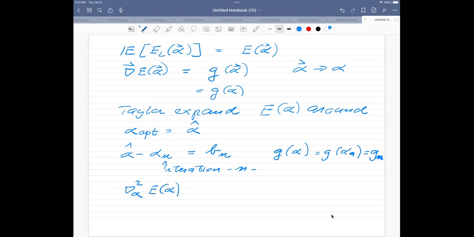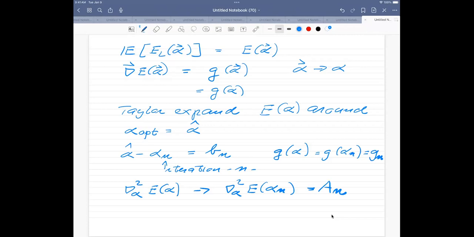And this will now be given by the second derivative with respect to the parameters alpha, calculated at a value alpha of n. Now if I have many parameters, this is a Jacobian matrix. But I'm going to label this as an A of n. Okay? So these are just namings which I'm setting up.